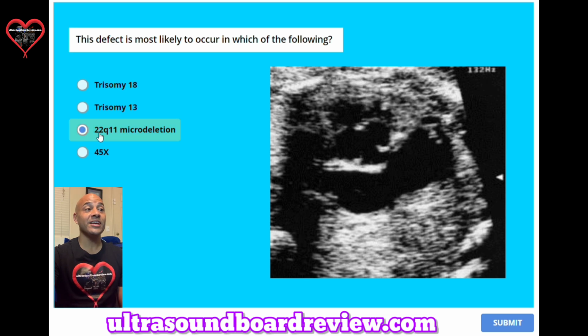The answer is C, 22q11 microdeletion. This image clip represents truncus arteriosus.